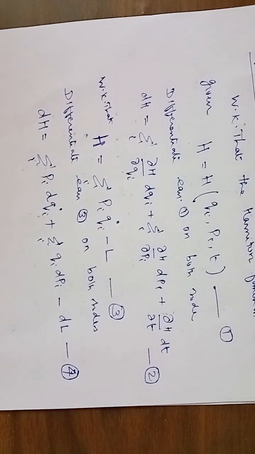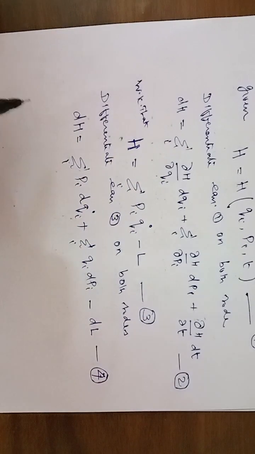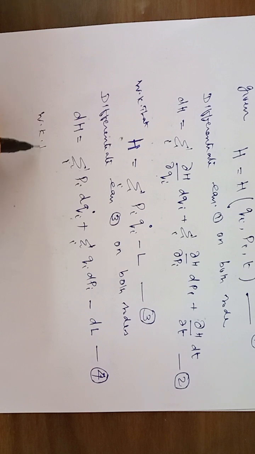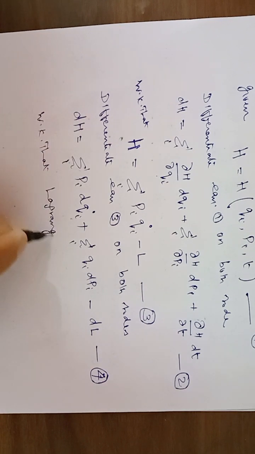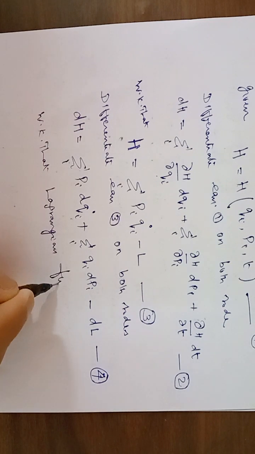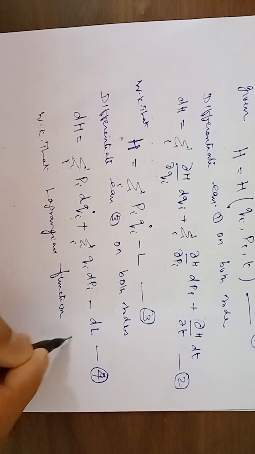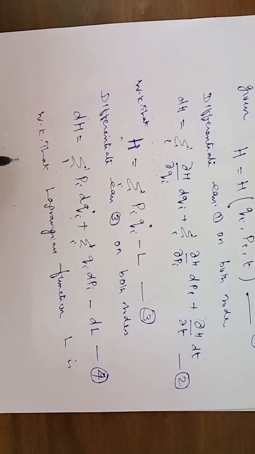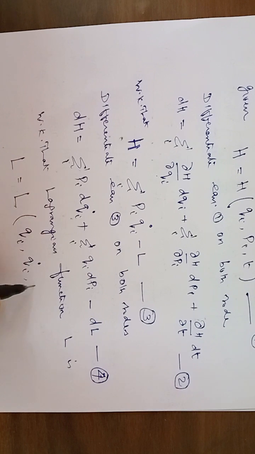Understand? Now, L is the Lagrangian function. We know that the Lagrangian function L may be written as L is equal to L of qi, qi dot and t.